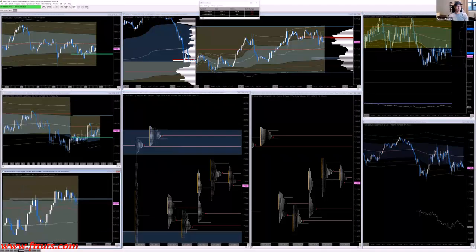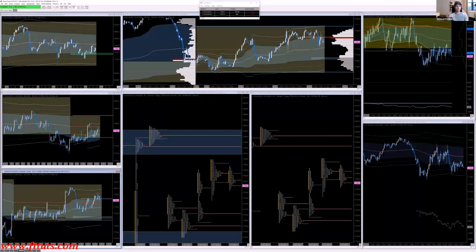I cannot see this gold chart when it's in DVA, in PVA, on my long-term VWAP. So I've got to change this color scheme. Can't see it.